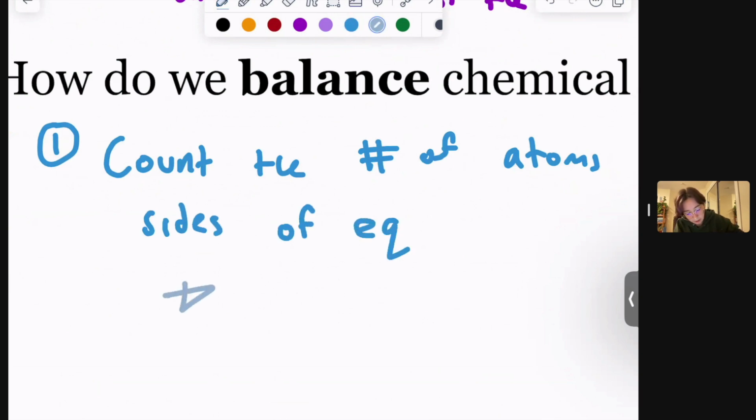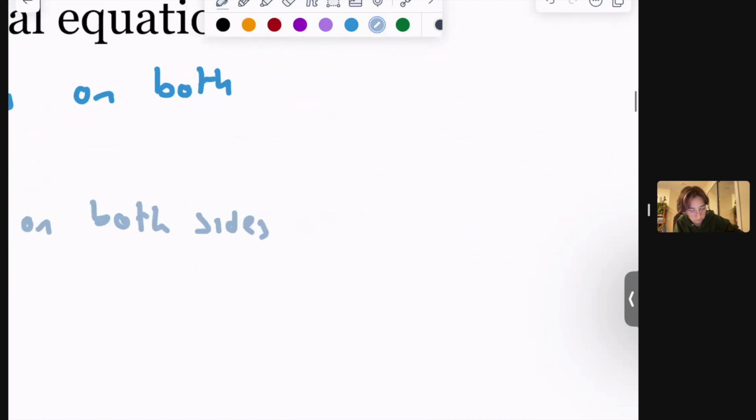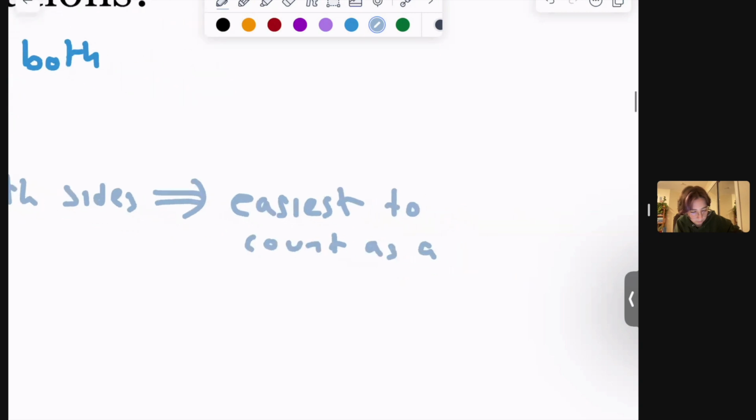And a note, if you have polyatomic ions on both sides, you can just treat it as a unit.